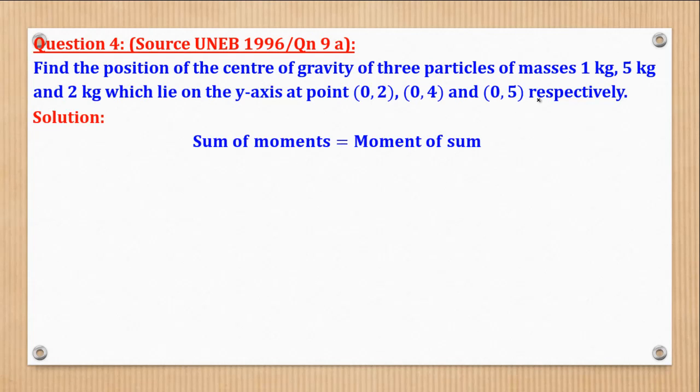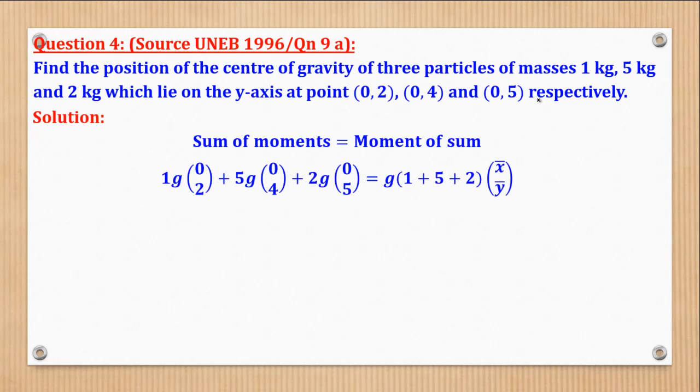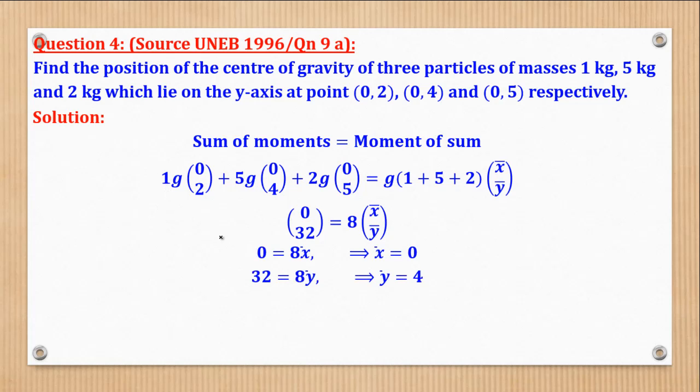So sum of moments is equal to moment of sum. Then you substitute. Now here they said center of gravity, that's why we're putting in the G. Then add up everything, get the x bar and also y bar. And that's what they wanted.